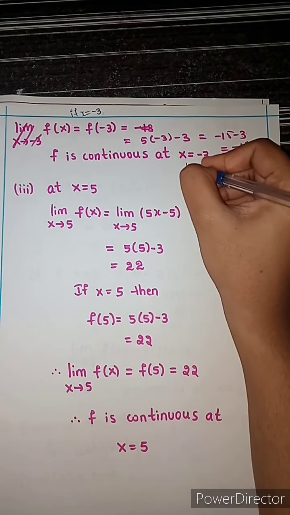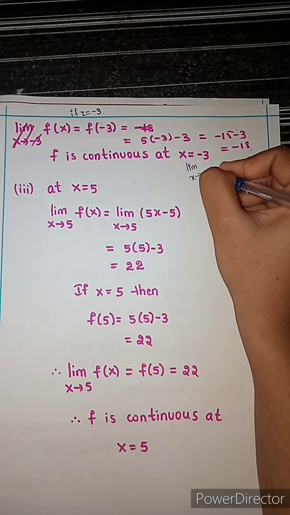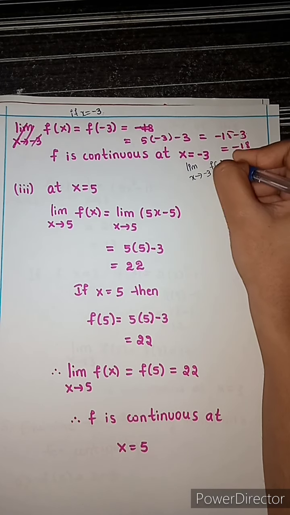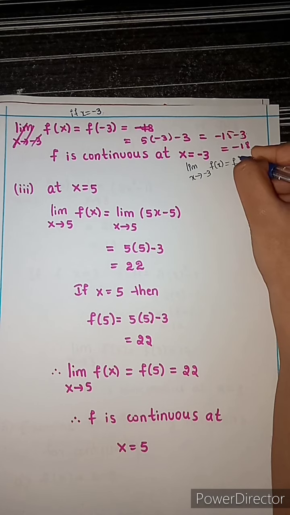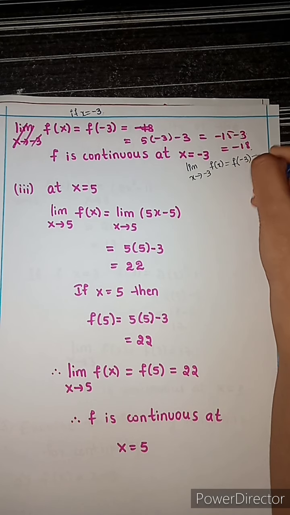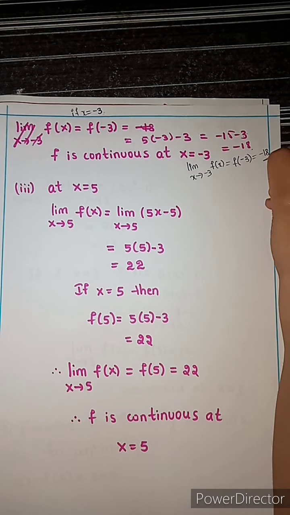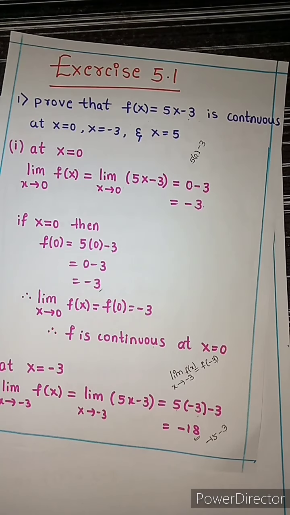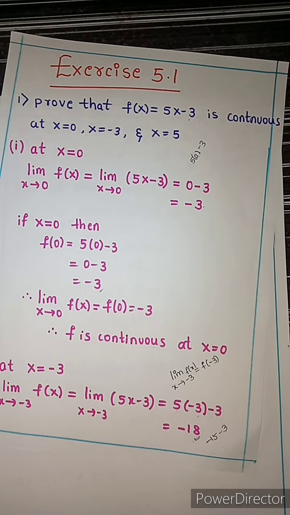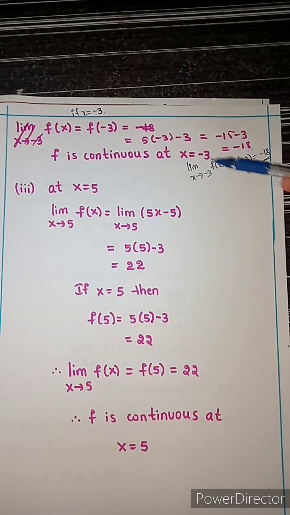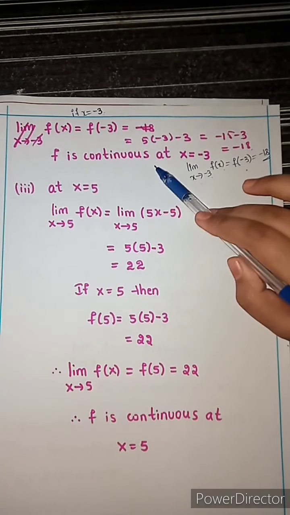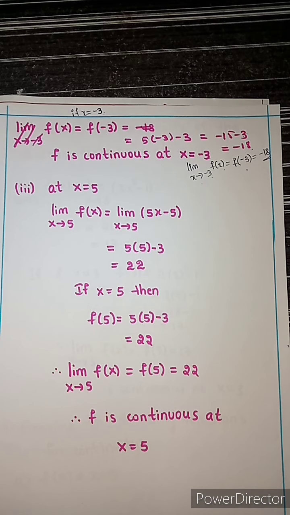As limit x tends to minus 3, f of x is equal to f of minus 3 equal to minus 18. Both are equal. Therefore f is continuous at x equals minus 3.